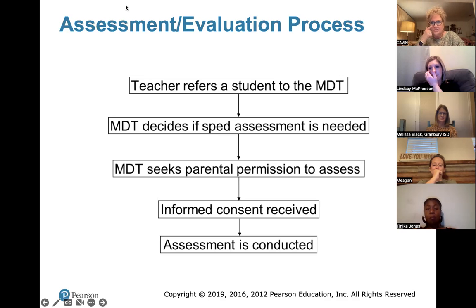In theory, that child should more likely benefit from an RTI process, a response to intervention. According to research, that is the type of child who would more likely benefit from a response to intervention approach.